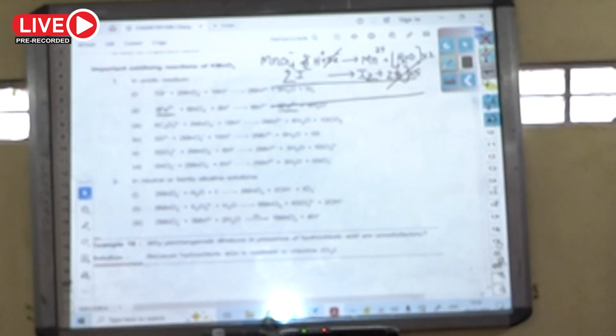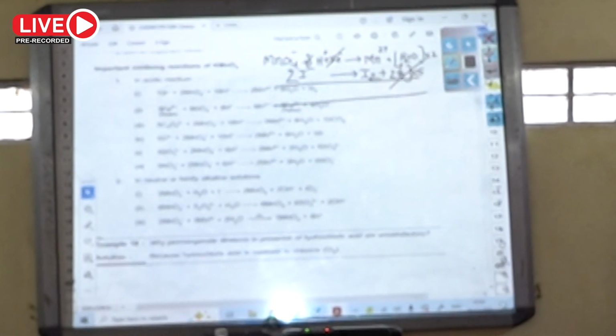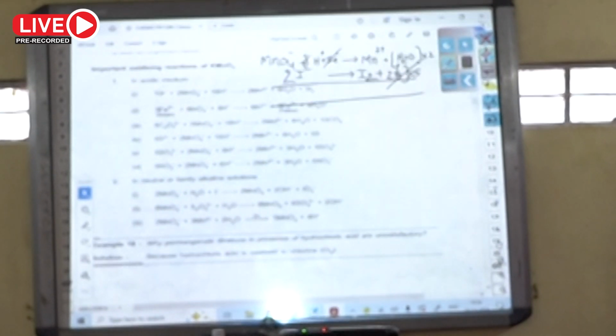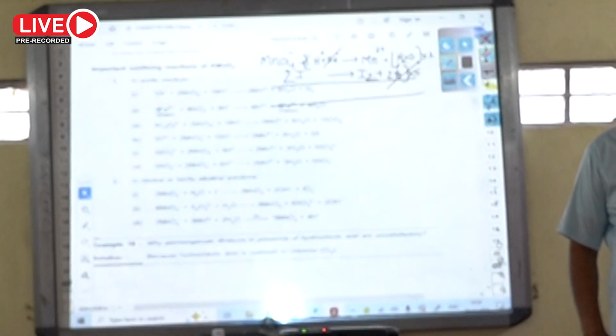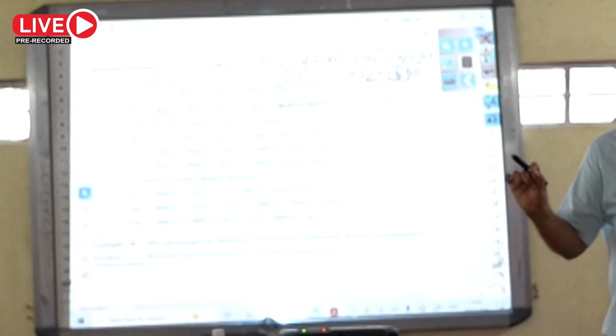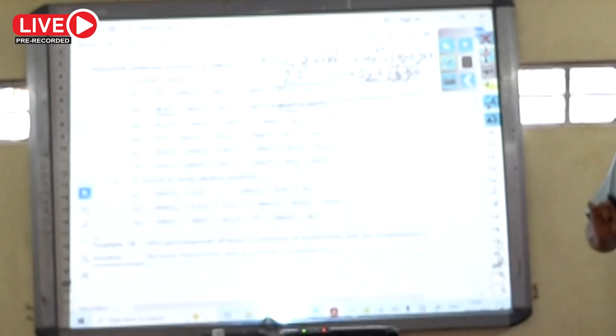In a competitive exam, we don't require writing two half reactions, cancelling the electrons, writing the net equation. Even net equation is not that much required, unless in specific conditions. What you require is, in acidic medium, MnO4 minus permanganate oxidizes I minus to I2.